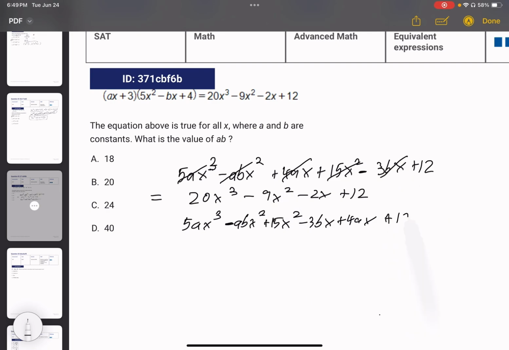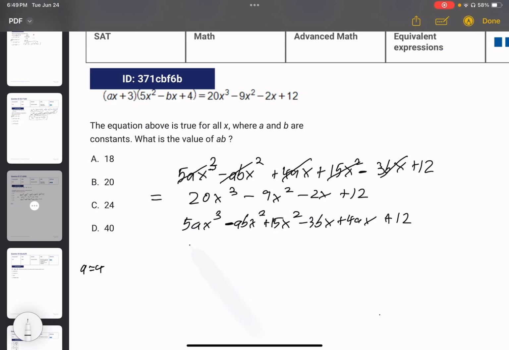And then we have plus 12. Okay, so looking at this expression, we can see that 20x cubed must be equal to 5ax cubed. Sorry about that. So we know that our a must be 4. So we'll write down here, a is equal to 4.